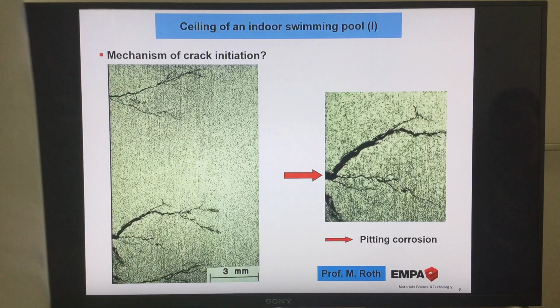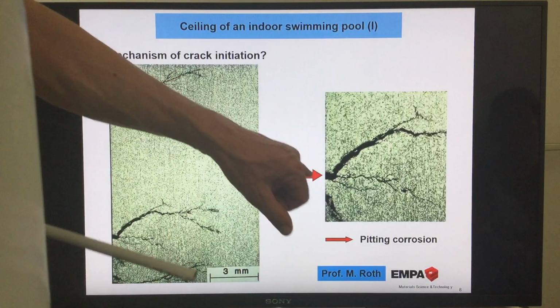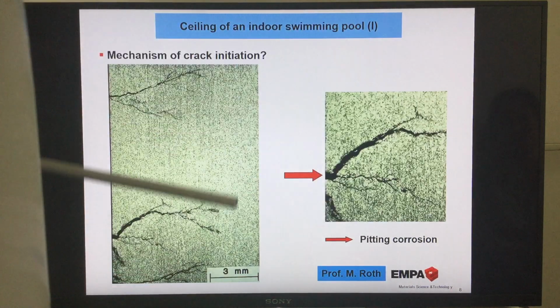But in this case, when there is an environment with chlorine around, then when this layer is destroyed, the chlorine immediately attacks there before it can make the self-healing. So that is the process before this pit comes.